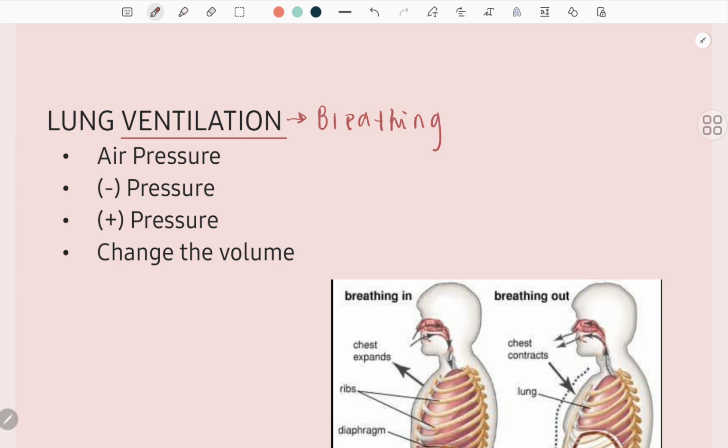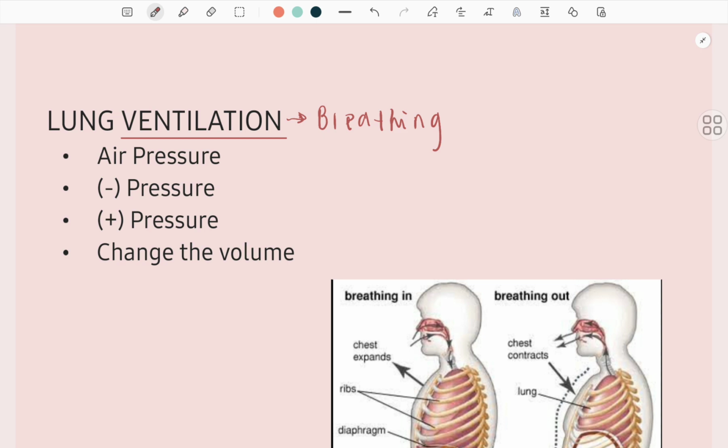Inhalation means breathing in, and exhalation means breathing out. Breathing just happens naturally, right? It's automatic. We don't have to force the air out of our lungs, and we don't have to suck air into our lungs. But do you ever wonder how breathing works?